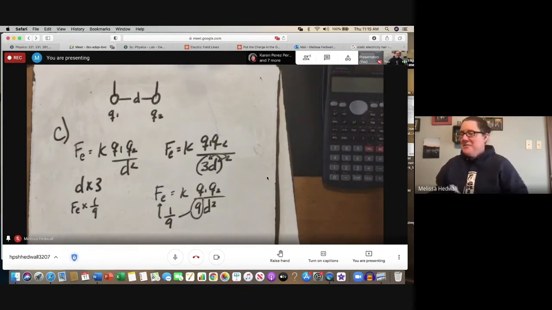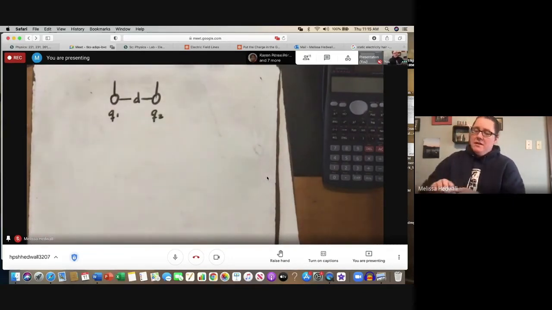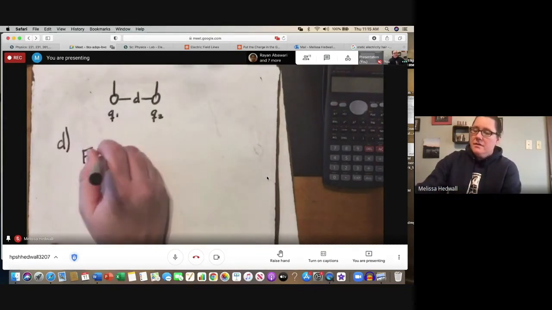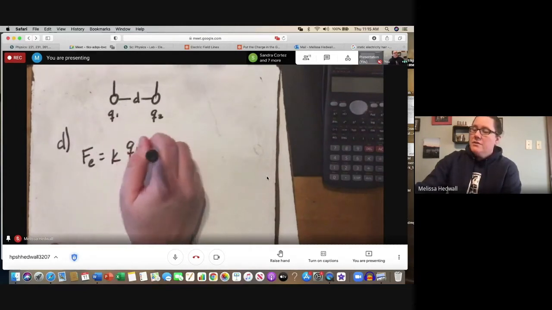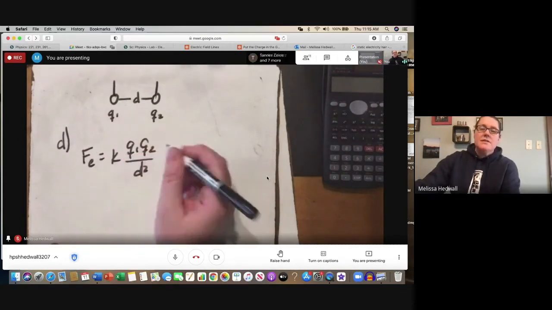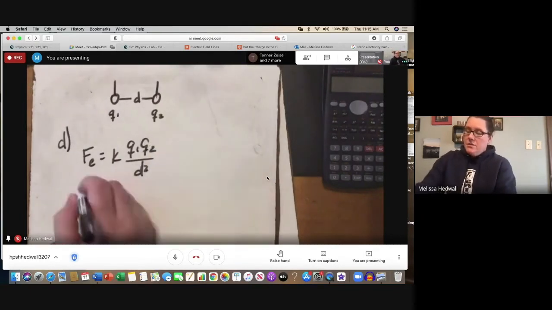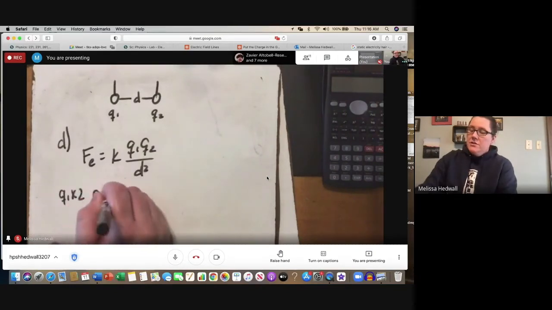All right, and the last one's probably my favorite. I know I shouldn't have a favorite, but I do. In this one, we start again with Fe equals K, Q1, Q2 over D squared. It says both charges double and the distance doubles. So Q1 is times 2, Q2 is times 2, D is times 2.